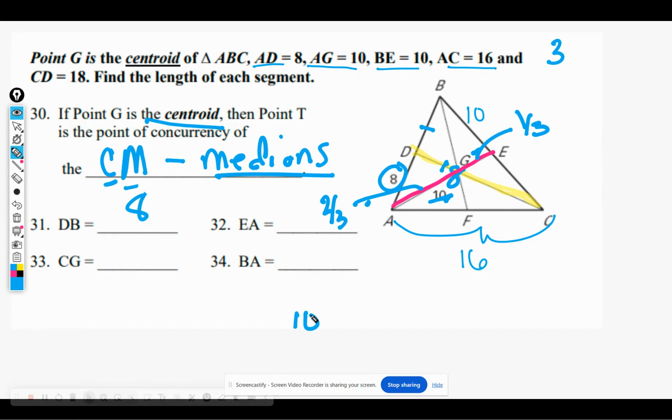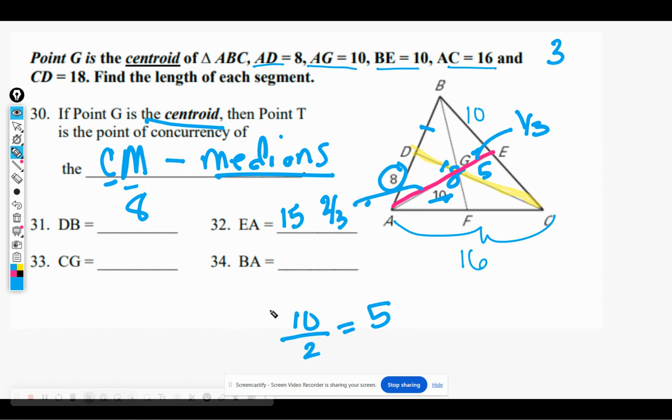So I'm going to take that 10 and divide it by 2 because I have to find the 2 parts of that 10. So 10 divided by 2 is equal to 5. So now I know that the 1 part that is left is also equal to 5. So my whole line is 10 plus 5, which gives me 15.